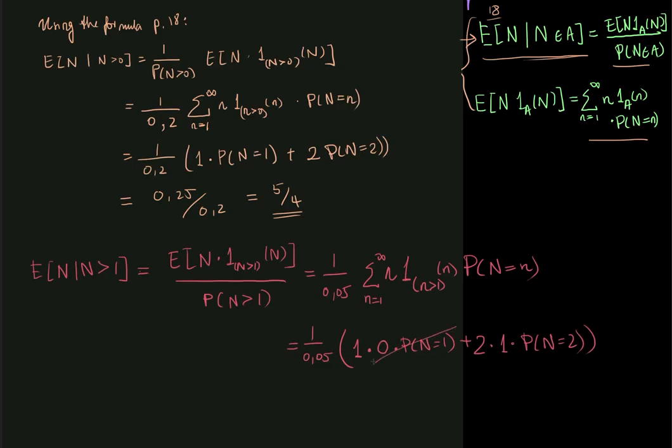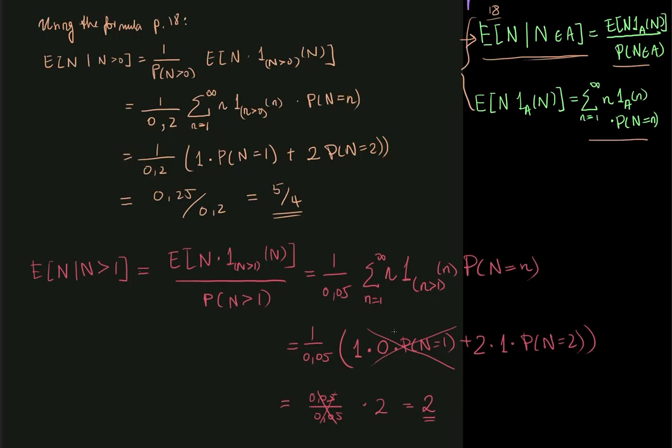So we see here that the first term cancels because of our indicator function. And what we have left is the probability that n is equal to 2, which is 0.05, divided by the probability that n is equal to 2, and then multiplied by 2. And this is just equal to 2 as expected.